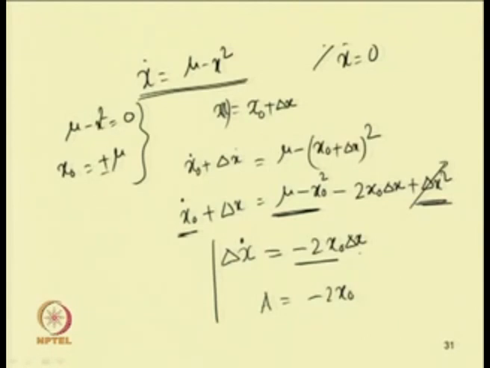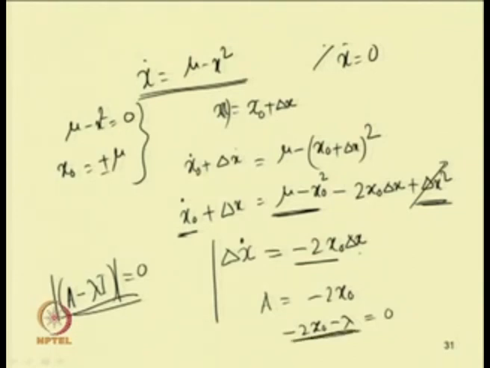We have to find the eigenvalue of the Jacobian matrix, so we write the determinant of A minus lambda I equal to 0. But in this first order equation, we can write A as minus 2 x0, so minus 2 x0 minus lambda equal to 0. From this we obtain lambda equal to minus 2 x0.